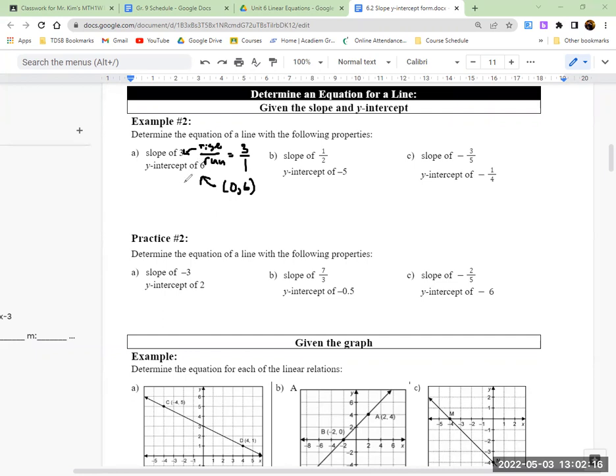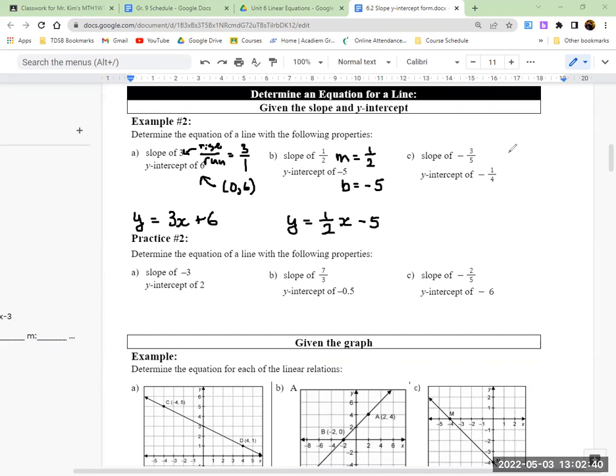Putting those two together, I know for a fact that y equals 3x plus 6. This one, my m, my slope is 1 over 2. My y-intercept, my b is -5. So my equation is y equals half x minus 5.